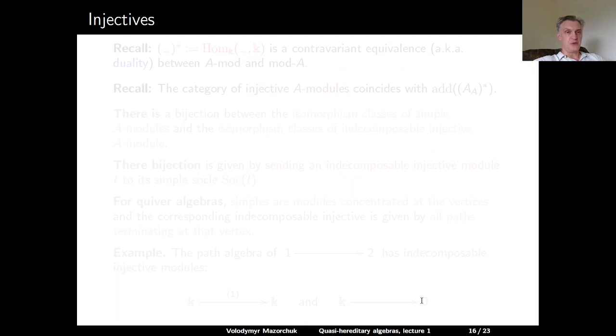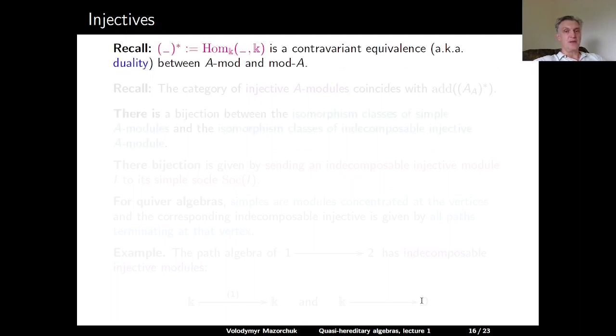Now about injective modules. Recall that we have the usual contravariant duality between the category of left and right finite-dimensional A modules. This duality is given by taking the dual space with respect to our base field. So we have the contravariant functor of taking homomorphisms over k to k.